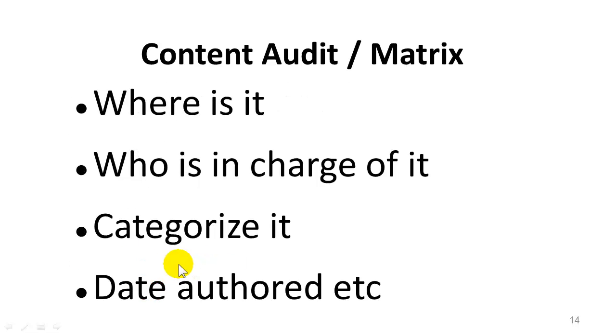So getting back to the content, where is the existing content located? Who might be in charge of it? Let's categorize it so that we can make some sense of it in a more easily manner. Is there any date? Is there any author? Do we need to know anything else about this content?